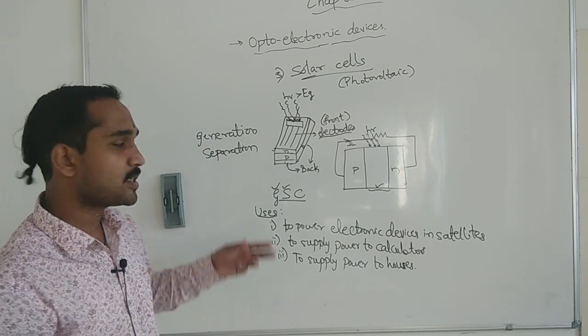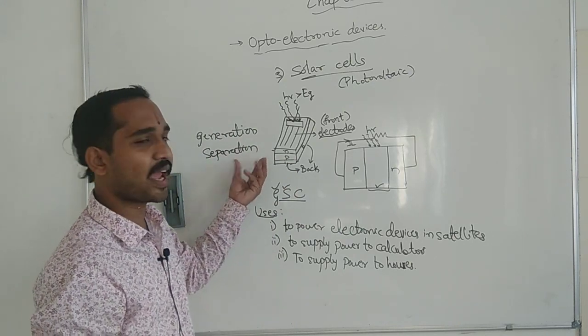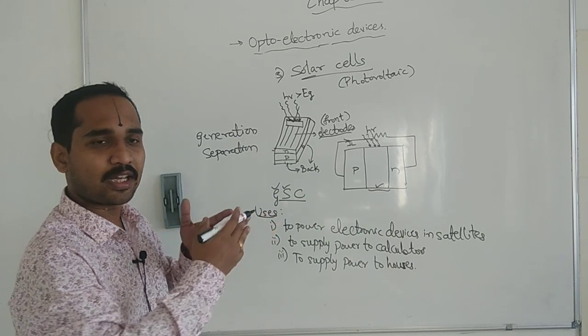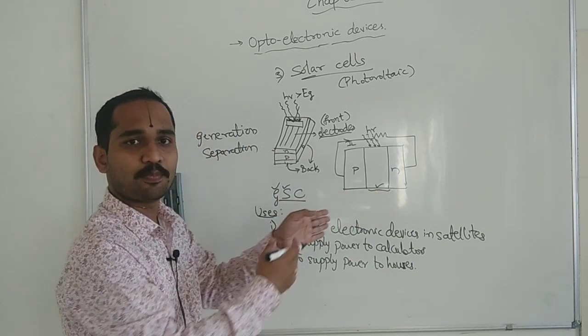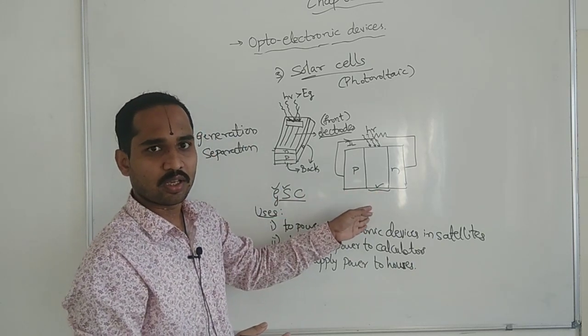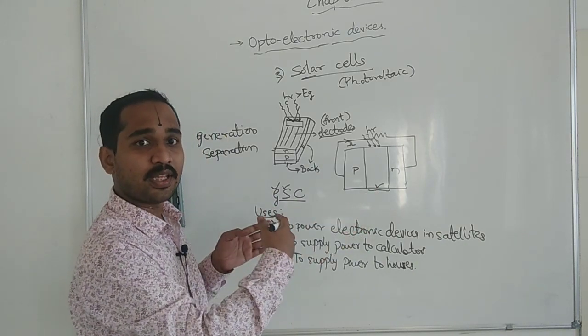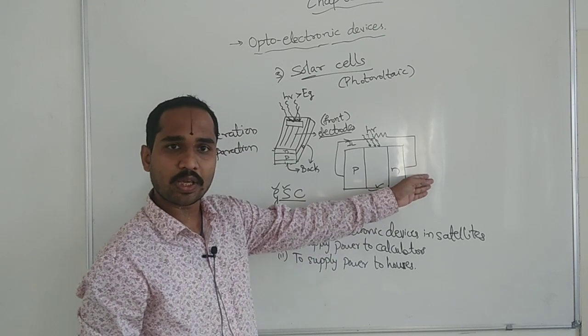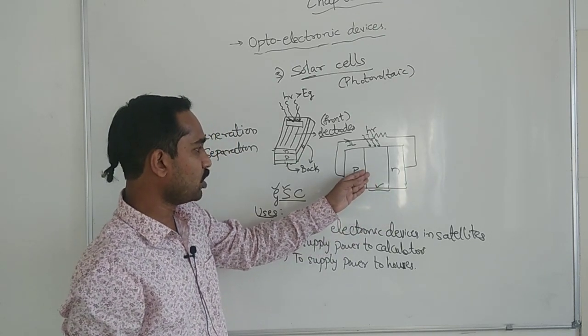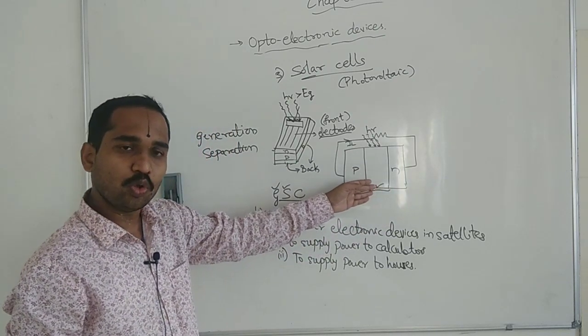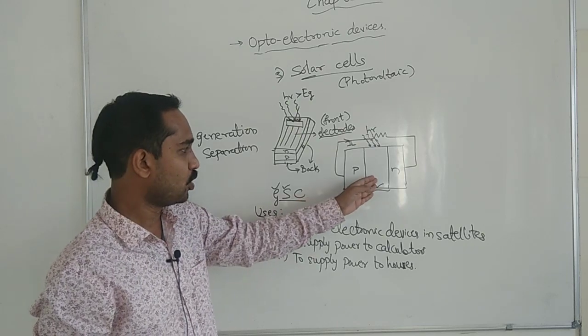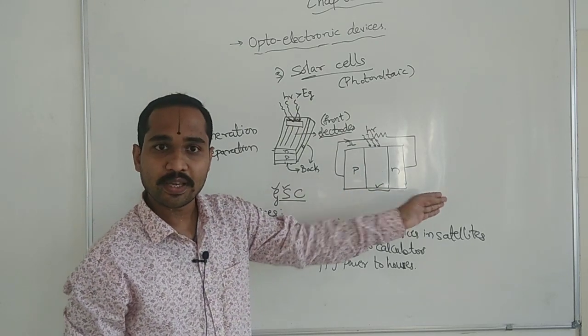Separation of what? Separation of electrons and holes. Electrons and holes are separated due to this potential of the junction. When they are separated, electrons move to n side and the holes move to p side. Correct? Holes move to p side, electrons move to n side.